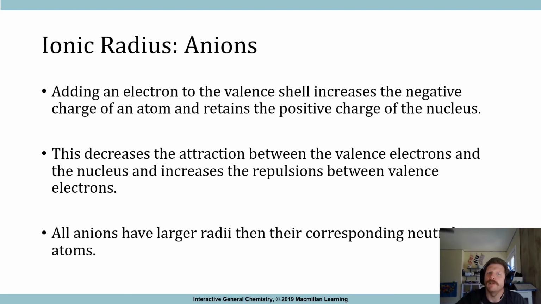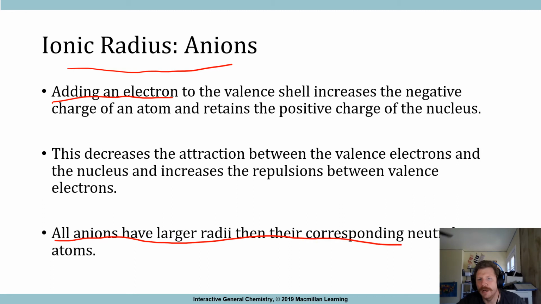Now let's think about the opposite, an anion. You're adding an electron, in which case anions have larger radii than their corresponding neutral atoms. Pretty straightforward. That's all you need to keep straight there.